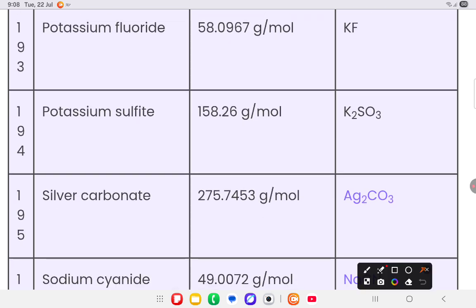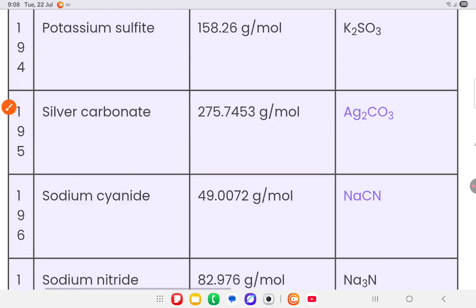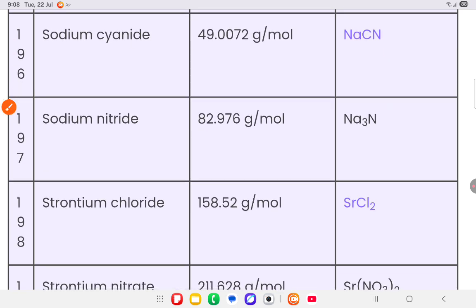potassium fluoride that is KF, potassium sulfite that is K2SO3, silver carbonate that is Ag2CO3, sodium cyanide that is NaCN.